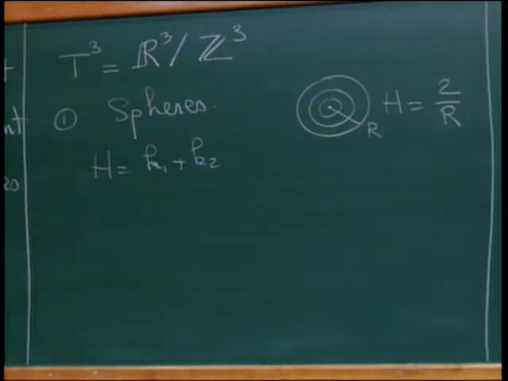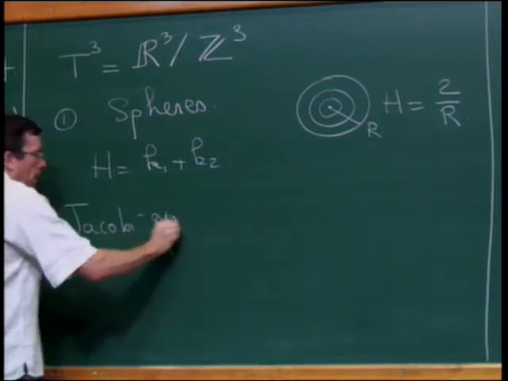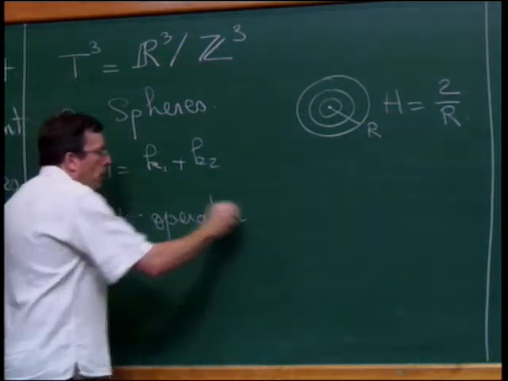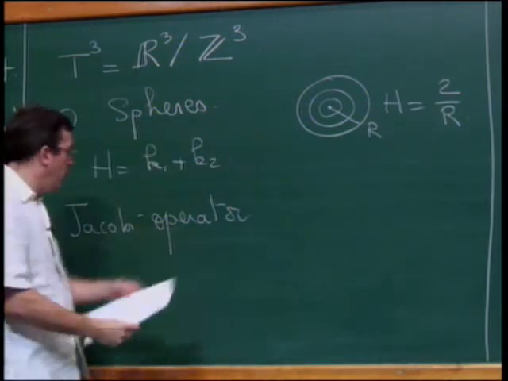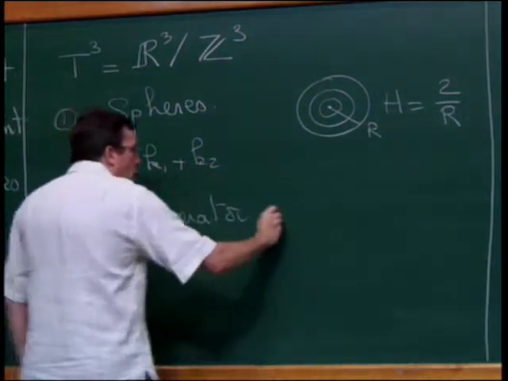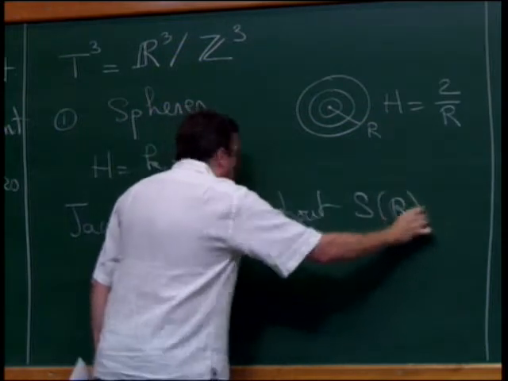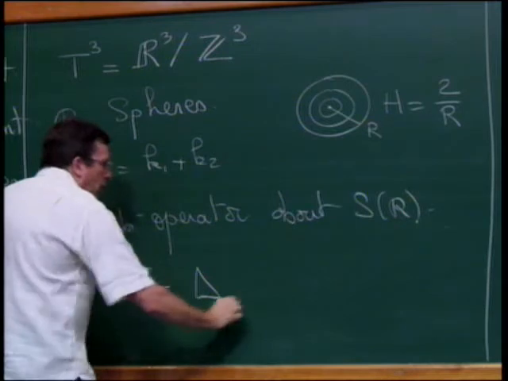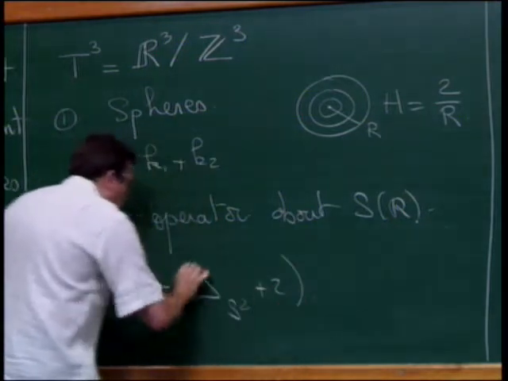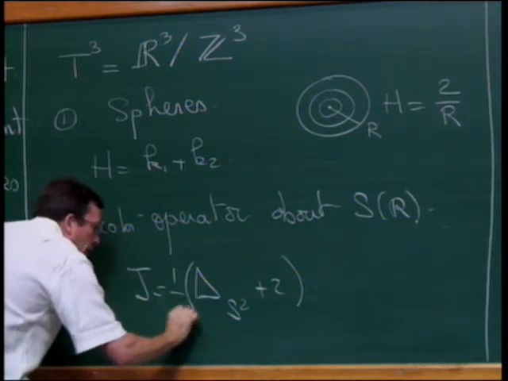Very important in my talk will be the Jacobi operator. So the Jacobi operator appeared already in many talks, and the Jacobi operator about the sphere of radius r is just the Laplacian on the sphere, S2, plus 2, and here there is a factor 1 over r squared.